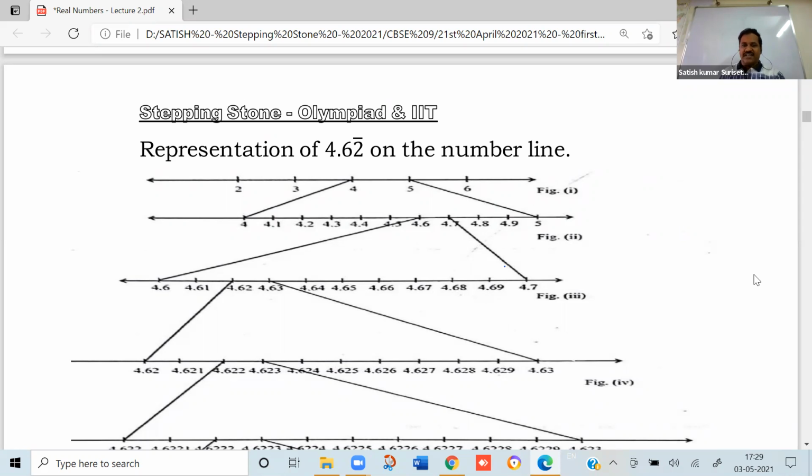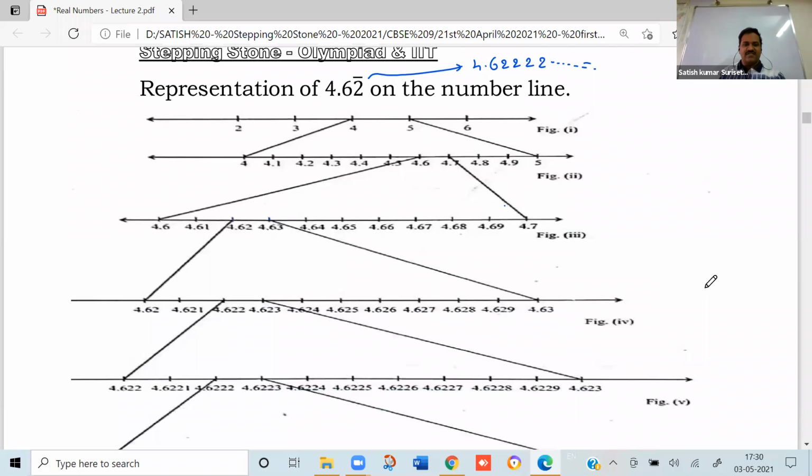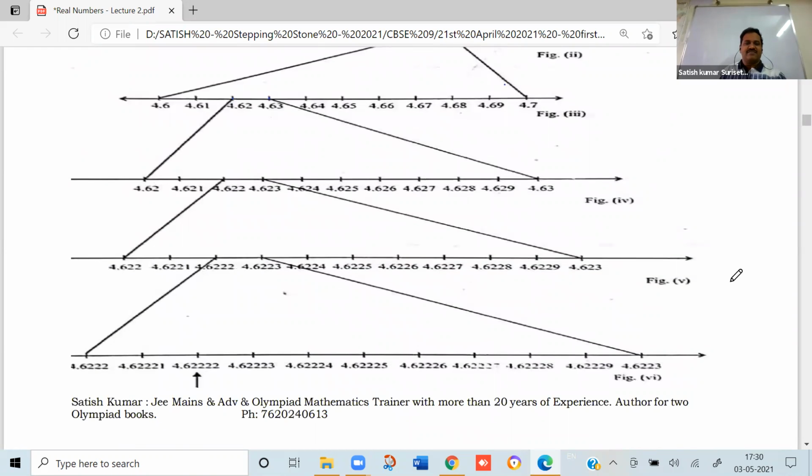Now we have reached 4.62. The next digit will be what? Again 2, again 2, continuously: 4.6222 and so on. That means 4.62 to 4.63, again magnify and again 10 equal parts. So 4.622 to 4.623. Go on, apply the same procedure. So you need to draw all these number lines. Like this you can continue.